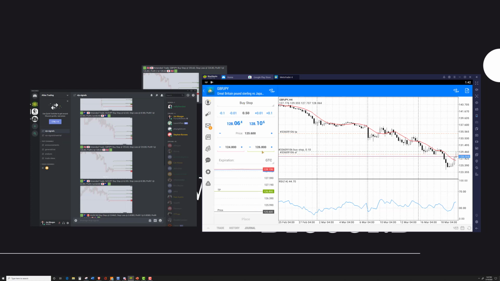But then I would do a second trade with the same stop and the same entry. But over here, I would put in that second profit target at 128.6. Okay. So I have two trades, one where I'm going to get profit early, and another one where hopefully I'm going to go up there and get profit later.